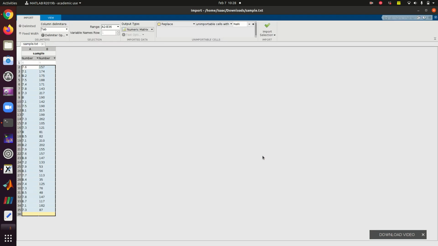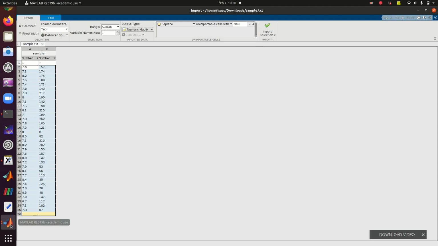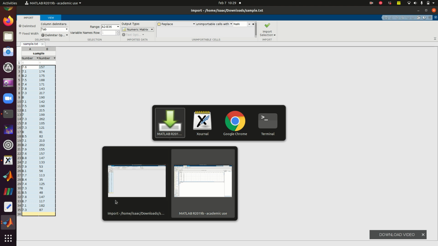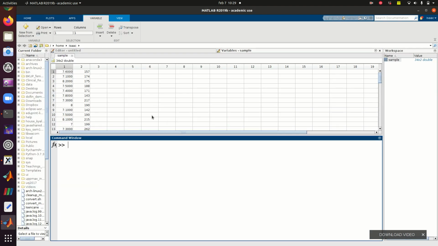Where is my MATLAB here? Okay, we had our x values here, in the first column. From our previous example, x was the pH of water, in the first column.